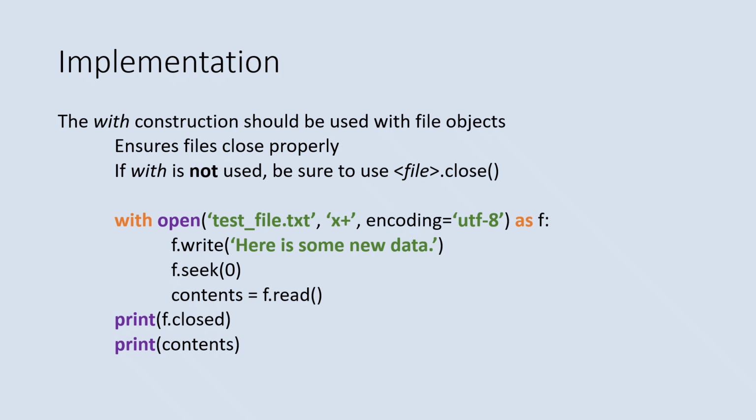And so you can only get away with this one time using x+, putting new content into a new file. x+ only works the first time. The second time, if you wanted to run this again, you either have to delete the existing file or change the name of the file that you're trying to create.